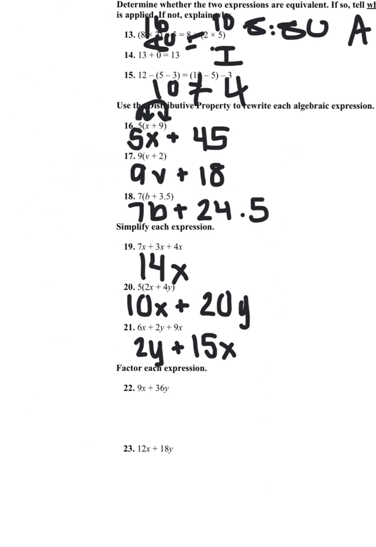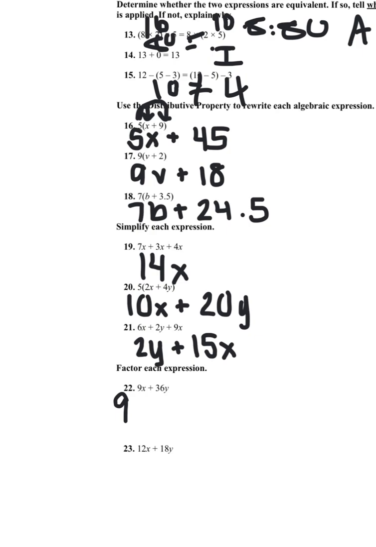All right, 22, we are going to start factoring 9x plus 36y. So our first step is looking for our greatest common factor that fits into both 9 and 36. We have a couple that we could use, being 3 or 9, but since 9 is our bigger number, we want to take that one out.